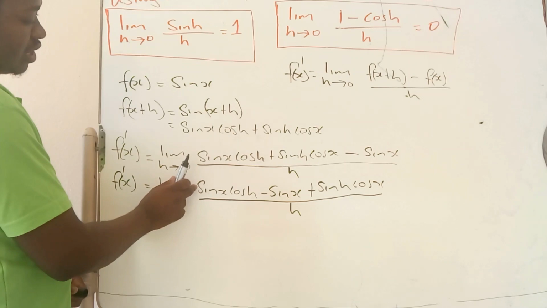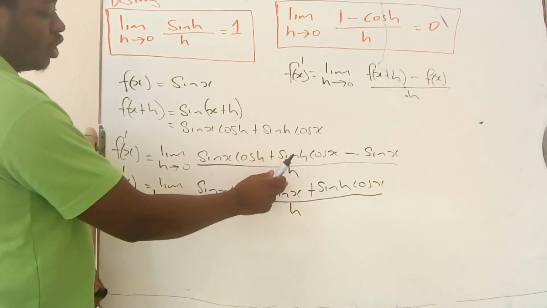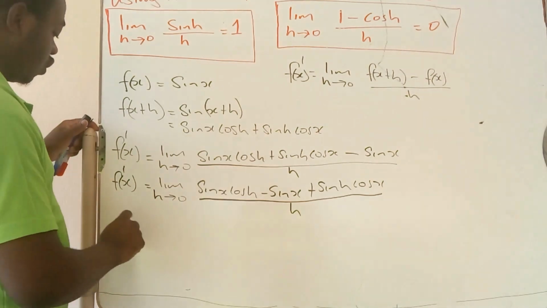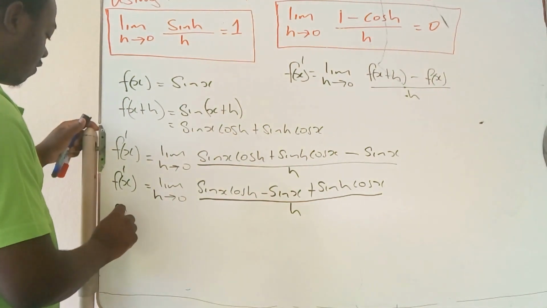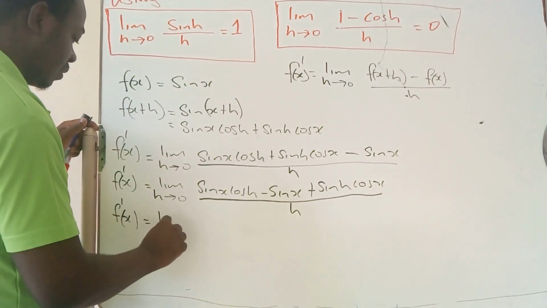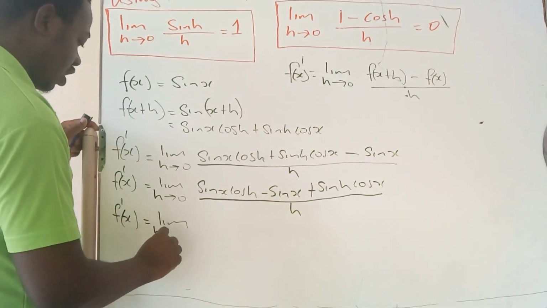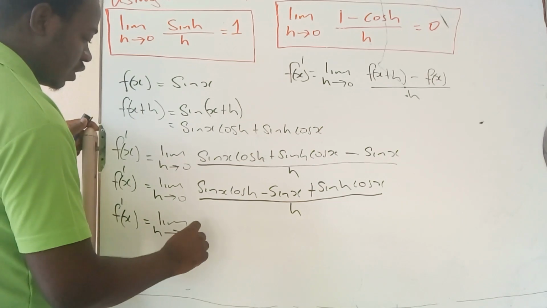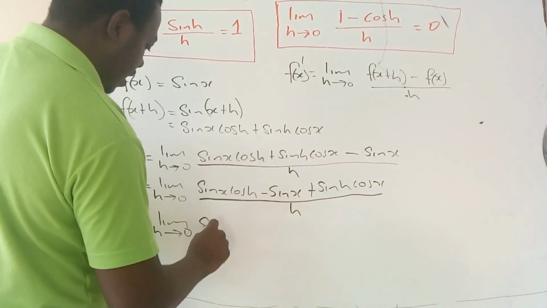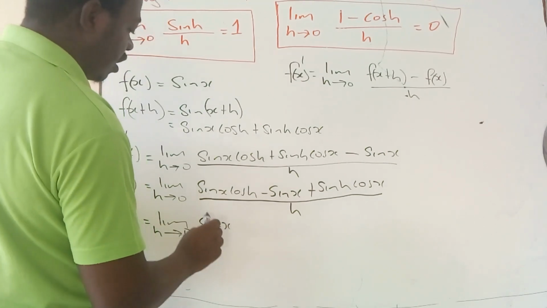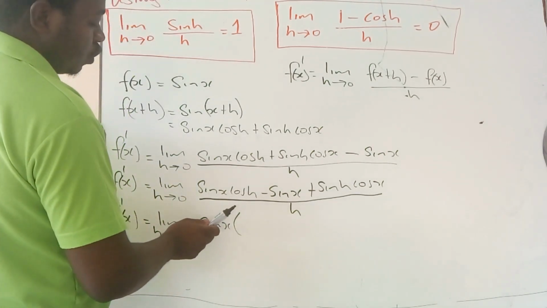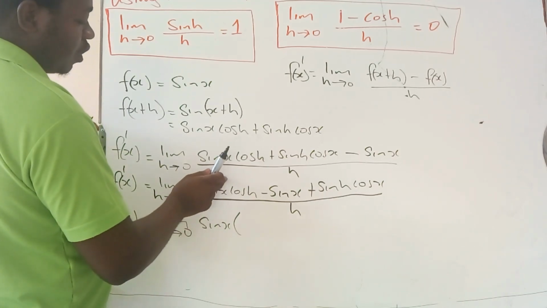Now you can see that there's a sine x here and a sine x here, which is common, which means that I can factor out a sine x. So write back what you have, which is f prime of x is equal to the limit as h approaches 0. If you factor out sine x, open a bracket, use this sine x to divide the first term.